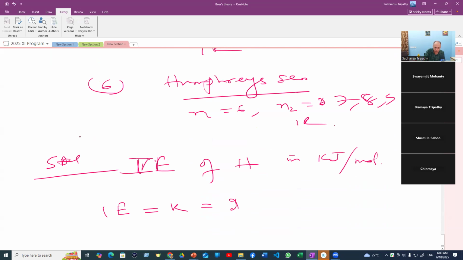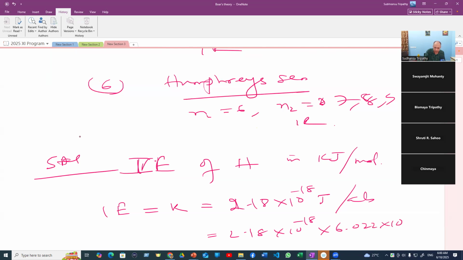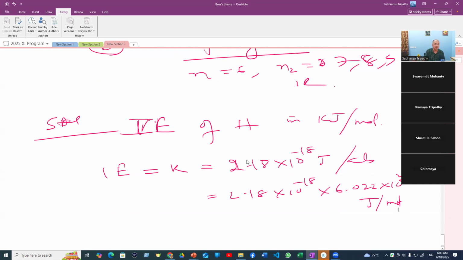Supposing it is 2.18 into 10 to the power minus 18 joule per atom, then per mole it will be 2.18 into 10 to the power minus 18 into 6.022 into 10 to the 23. This will be joules per mole. For calculation, the per mole value is not used. Only the per atom value is used for calculation. But somebody may ask per mole, then what will it be?